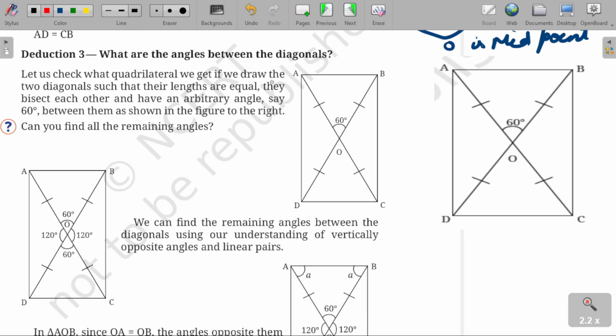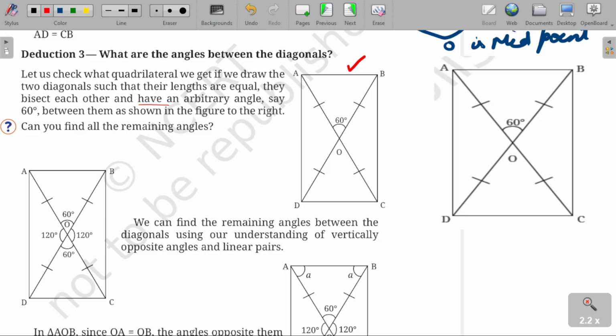Okay? So for checking this, let us check what quadrilateral we get if we draw the two diagonals such that their lengths are equal. So we are assuming that ABCD is a quadrilateral and these two lengths are equal. That means they are bisecting each other.